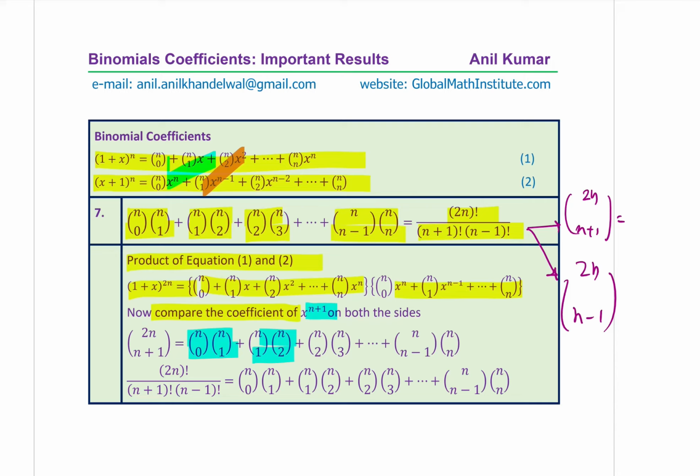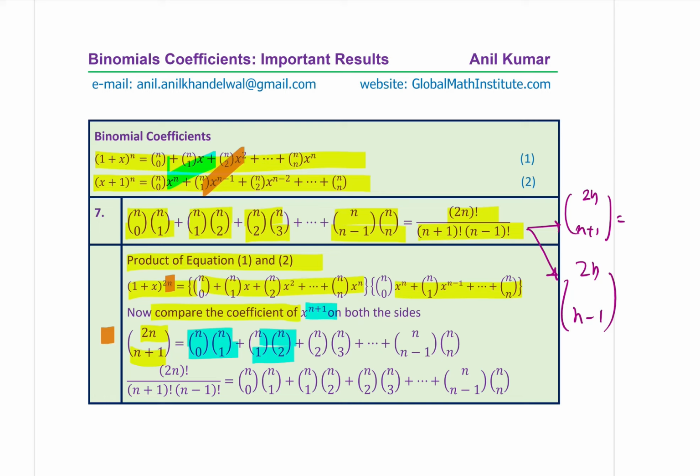So because the power is 2n, what will be the coefficient for the exponent n plus 1? Clearly it is going to be 2n choose n plus 1. That is what the result is.